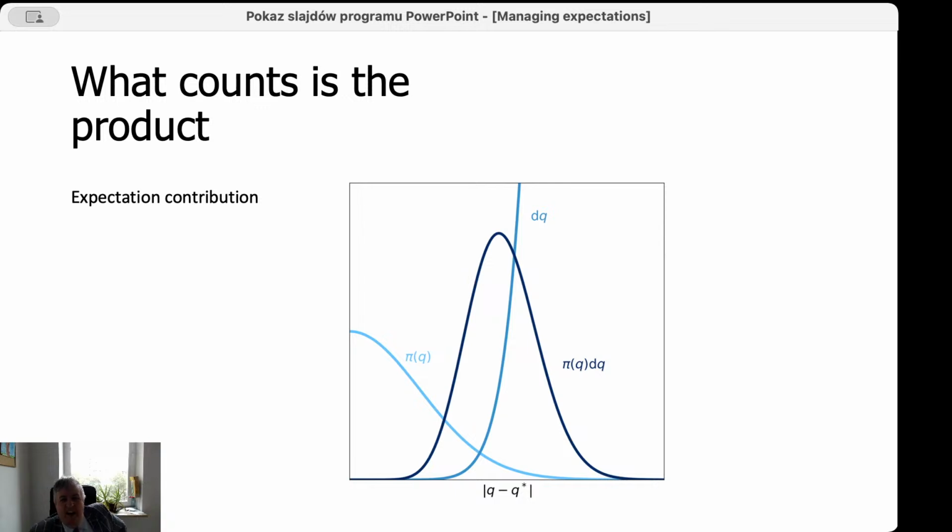So that gives us that the actual expectation contribution doesn't come from the points next to the mode, and of course doesn't come from the points far away from the mode, but they come from the points that are somewhere in between. Points that are away enough from the mode to contribute, but not away so much that their contribution is negligible.